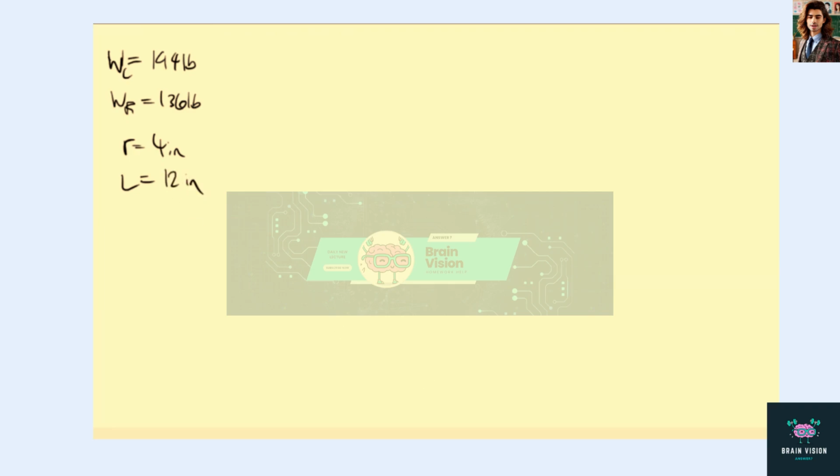We have a time interval of 4 seconds and a final angular velocity of 960 RPM. If we multiply this by 2 pi over 60, this will give us the conversion to radians per second.